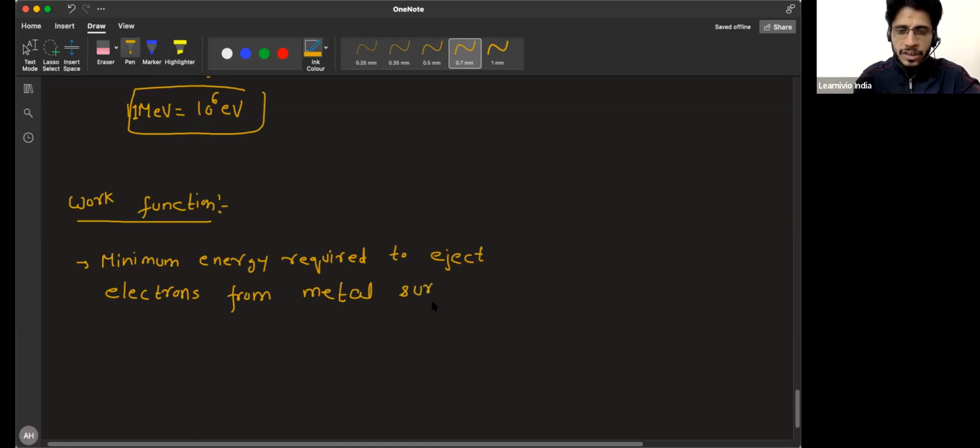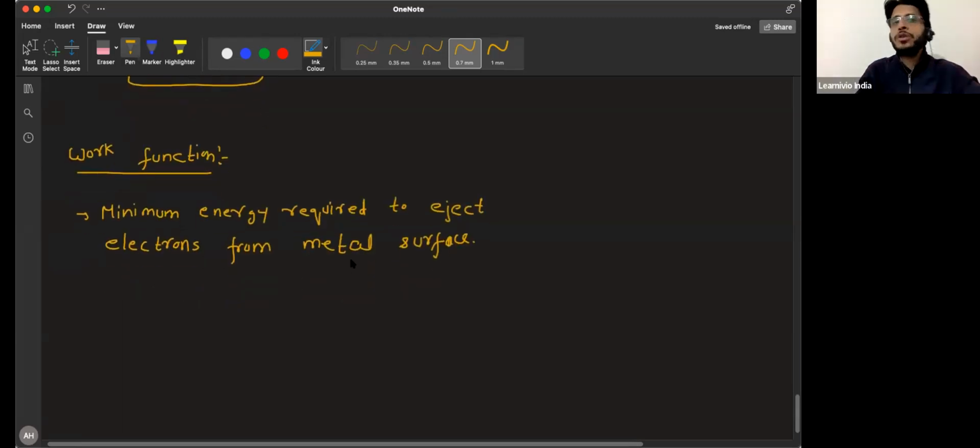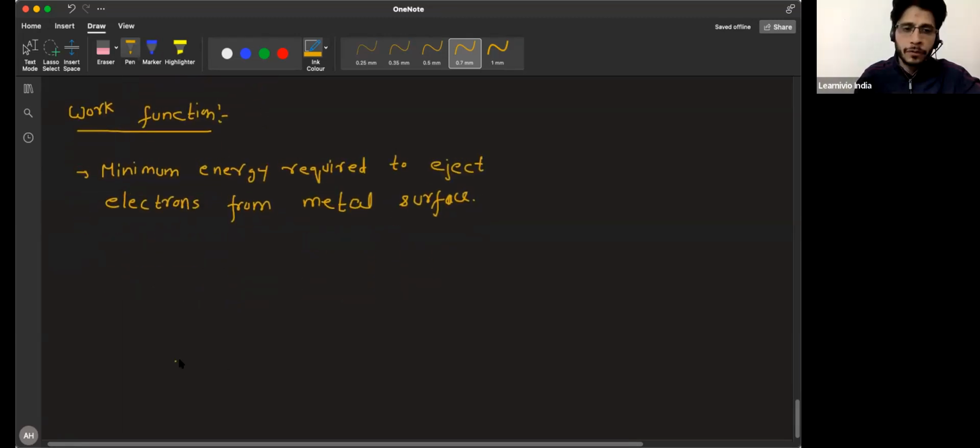So if you want to eject electrons from the metal surface, then you have to supply some energy to the metal, and that is known as the work function.